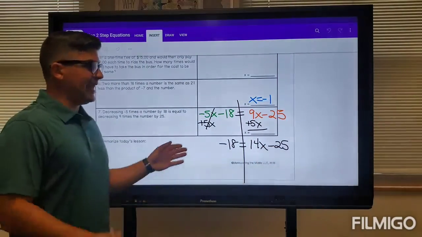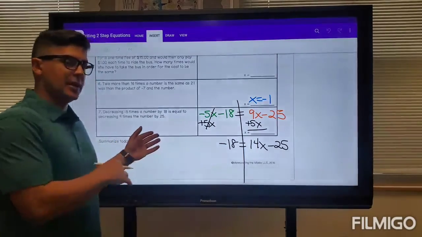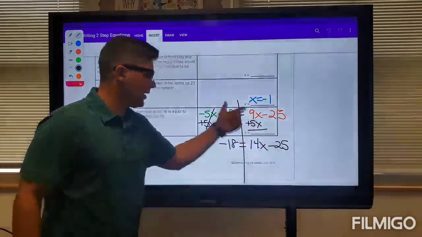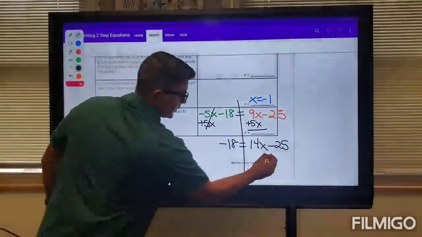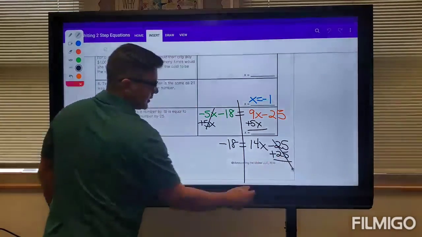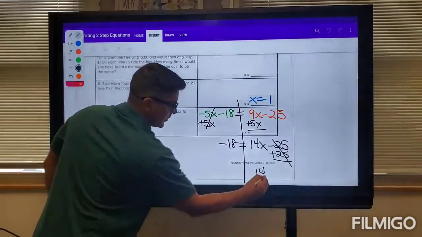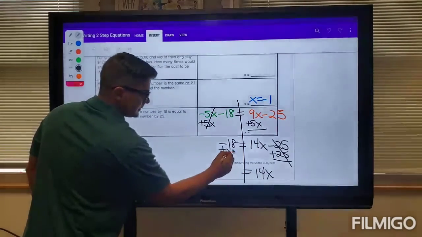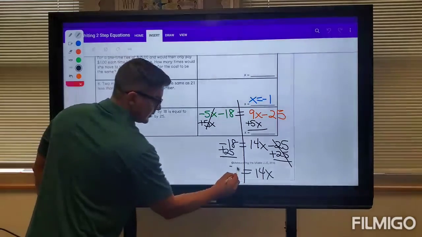Remember the objective, get x's on one side, numbers on the other. I have the x's only on this side, but I have my negative 25, which I have to get out of there. So the opposite of negative 25 would be positive 25. Okay, I've got my x's, and I have to add 25 here. And I have 7.